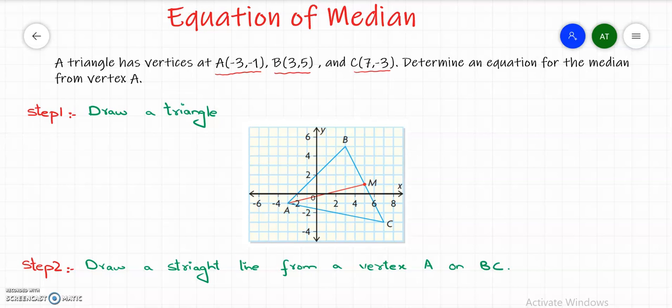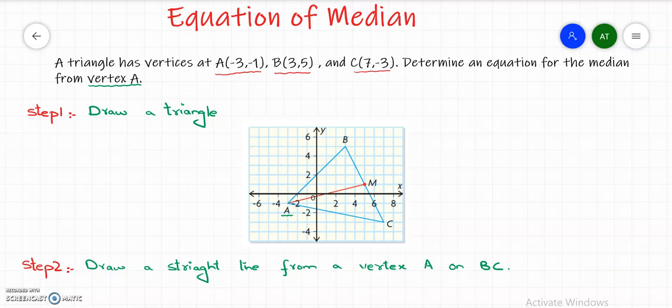Now why are we drawing a straight line from vertex A? Why not from vertex B or vertex C? Because we have to find the equation of median from vertex A. That is why we are drawing a straight line from vertex A.